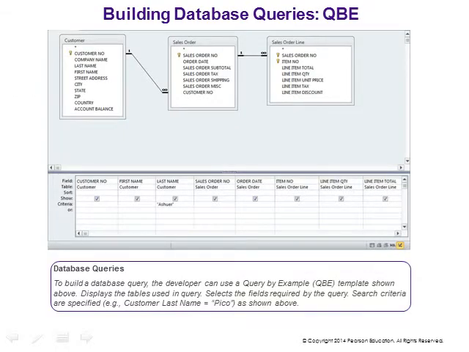And this is an example of a Microsoft Access query builder called Query by Example. The database tables are displayed across the top. Then you can simply click and drag the fields you want displayed into the bottom portion of the screen. If you would like to search on a specific item, such as last name, then that information is entered into the criteria row in the bottom portion of the screen.